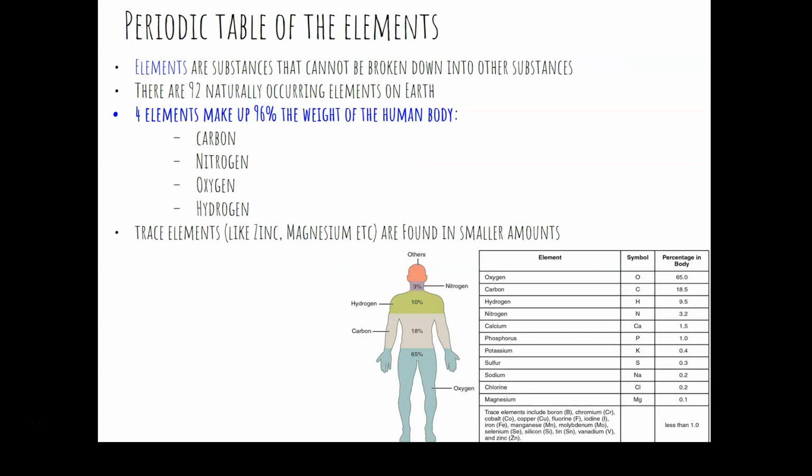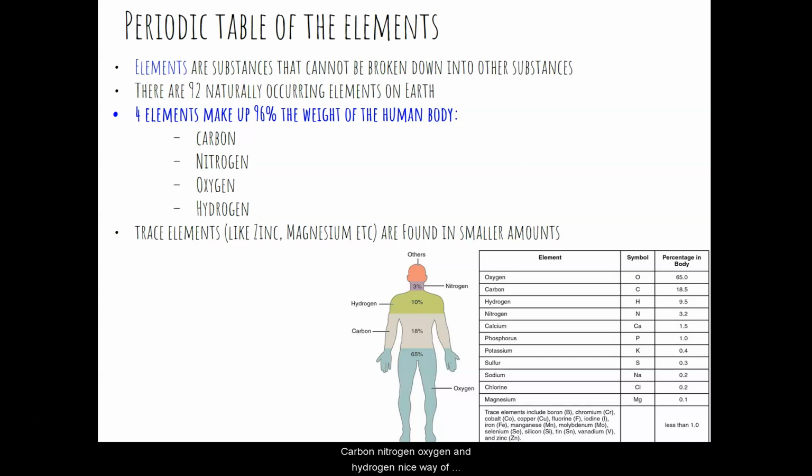First of all, there are 92 naturally occurring elements on Earth, and an element is a substance that can't be broken down into another substance using chemical means. Of those 92 naturally occurring elements, 4 of them are really important for living organisms: carbon, nitrogen, oxygen, and hydrogen.